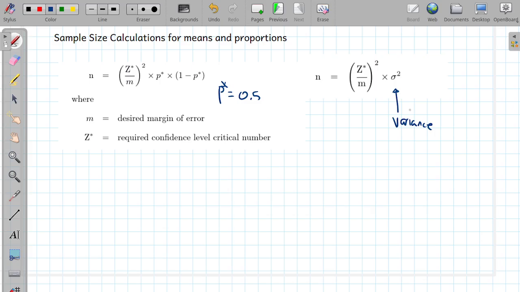Okay, so just a couple of notes. When the ads are done, we'll talk about this, do an example for each, and we'll call it a day. And this ad's almost done, and then we'll get back to it.